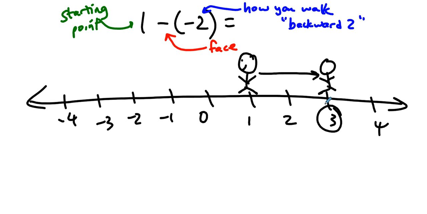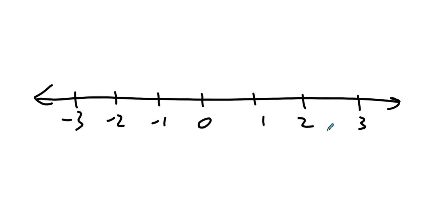We have a starting point. We have a way we face. We have a how we walk. One more, just to make sure. What happens if we have negative 1 minus 2? Well, negative 1 is the starting place.